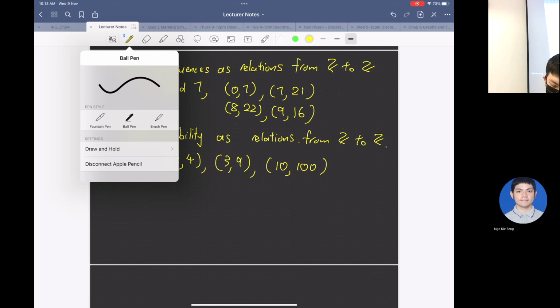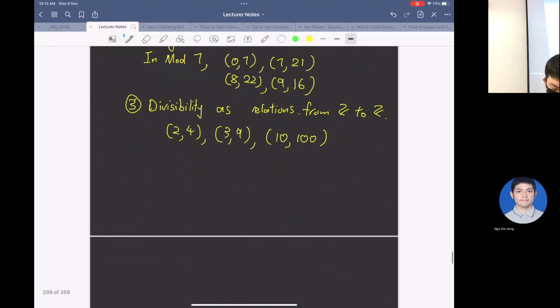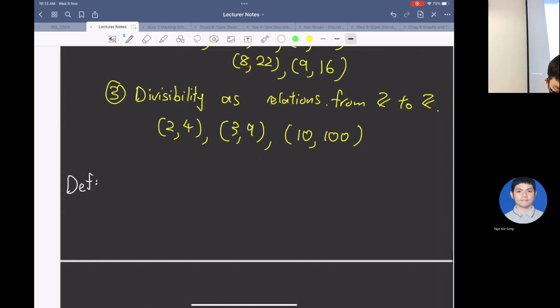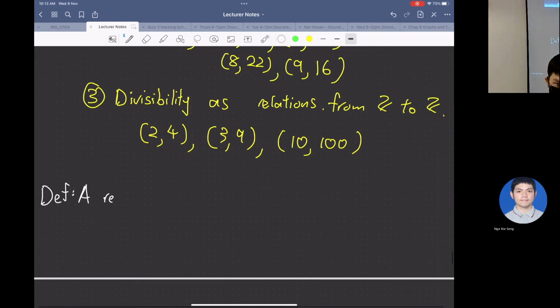The thing we're interested in today is actually a relation on a single set.